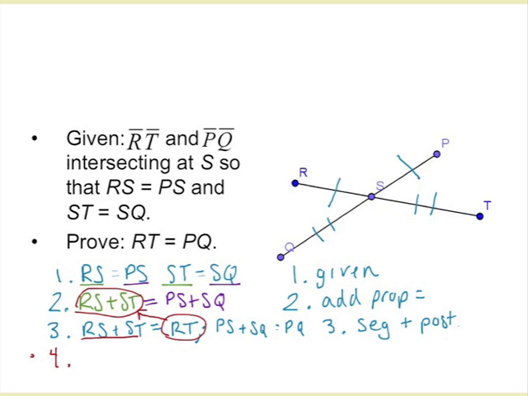So I'm going to plug an RT in there and say RT equals, and then we have a PS plus SQ, but that shows up again as being equal to PQ. So I'm going to plug that in there. So then I have RT equals PQ, just like we wanted. So what we did there was plugging things in for other pieces. So we did a substitution. A substitution is where we rename pieces or where we plug pieces in for other ones.